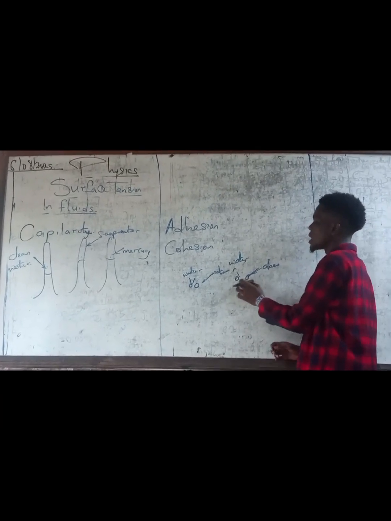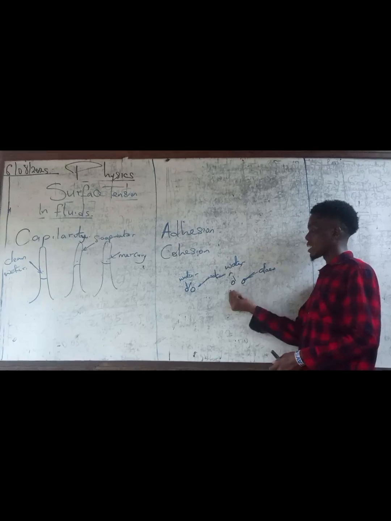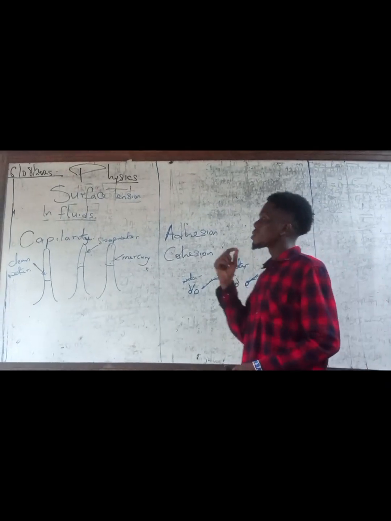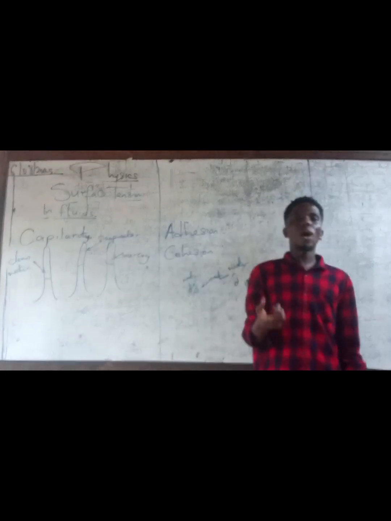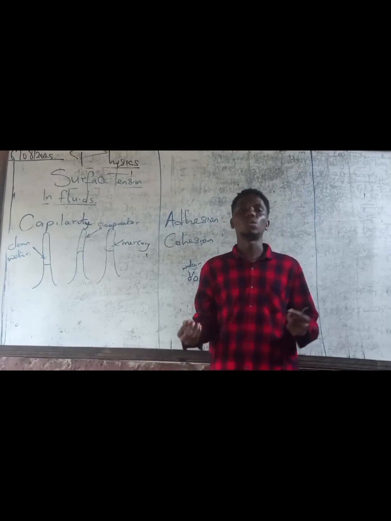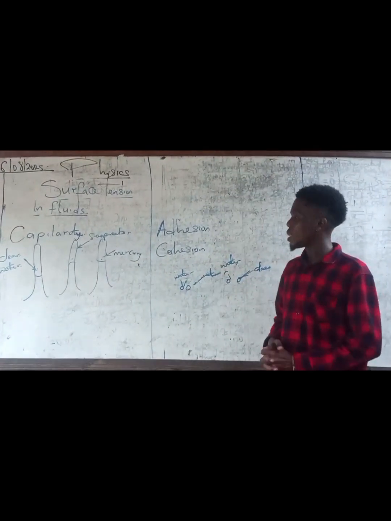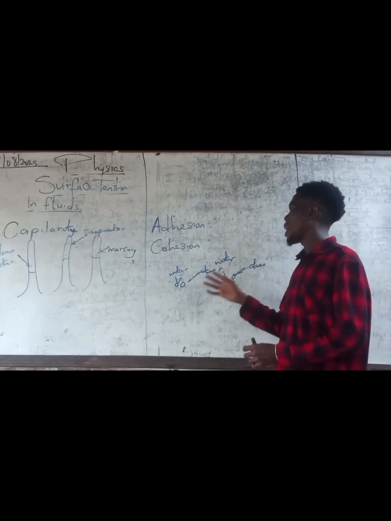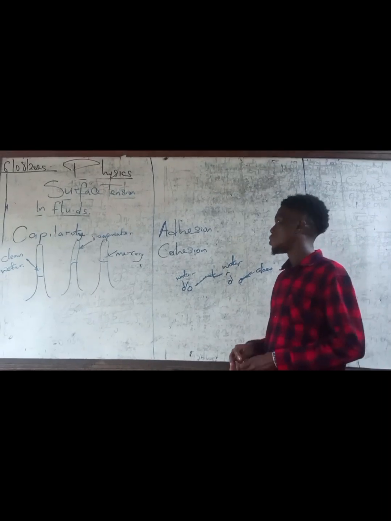While adhesion is the force of attraction between 2 molecules of different kinds. This is a molecule of glass, a molecule of water. So that tells you that water rises faster in narrow tubes. Why? Because the adhesion between water molecules and glass molecules is very, very strong. So that is what we mean by capillarity, adhesion and cohesion.